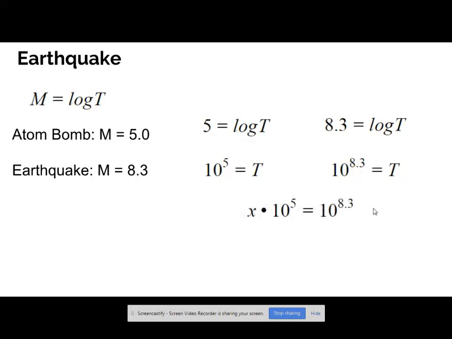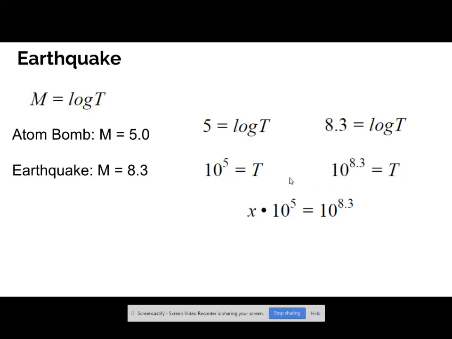But the question that we're being asked then, so now that we have these as just the shock wave, 10 to the fifth and 10 to the 8.3, now we can compare those shock waves and say something times 10 to the fifth power is going to give us 10 to the 8.3 power. We want to know how many times bigger is 10 to the 8.3 than 10 to the fifth.